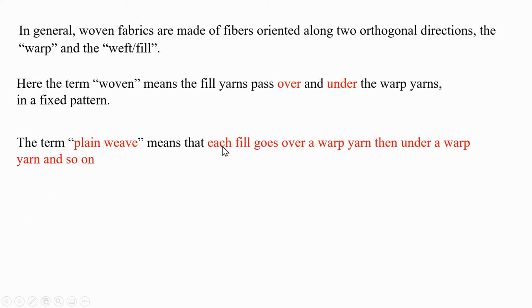Plain means that it goes over and then under immediately, over and then under. That does not have to be the case, because there are fabrics where you skip a few bundles, for example three, and then you go over and under again, skip a few, go under, over, etc. For example, a satin fabric, which is very soft, I'm sure you have experienced that, is a situation where it doesn't go over and under immediately.